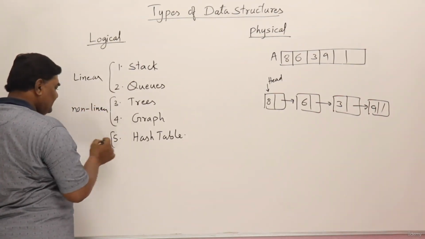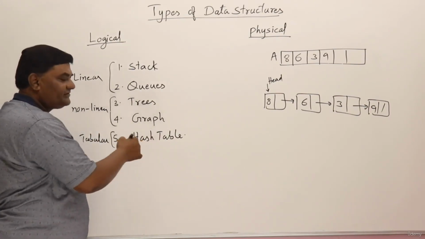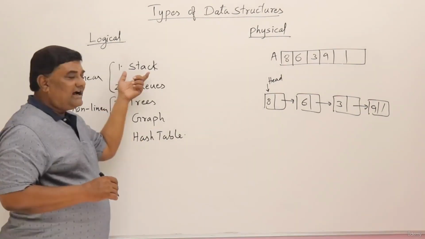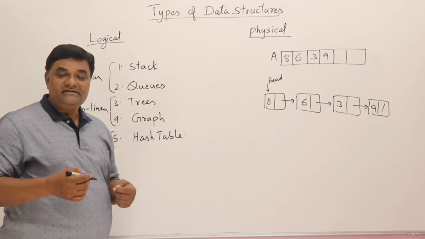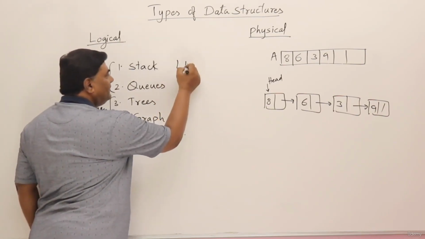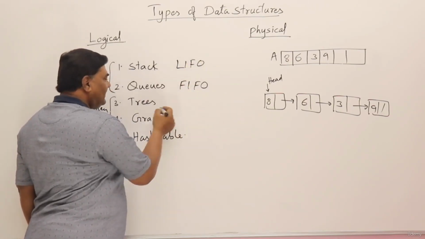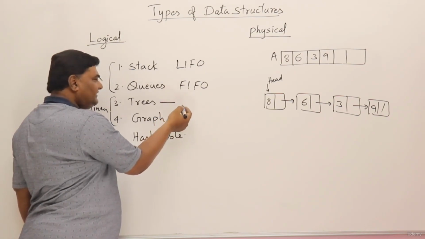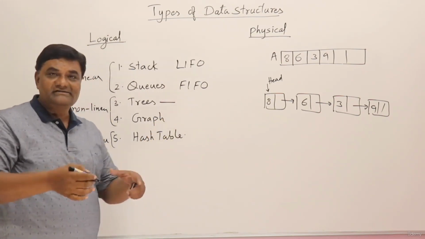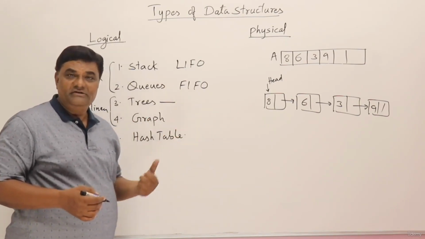And this may be a linear or tabular data structure. Hash table is a tabular data structure. Stack works on the discipline that is LIFO, last in first out. Queue works on the discipline that is FIFO, and this is a non-linear data structure. This will be organized like a hierarchy, and this is a collection of nodes and the links between the nodes.